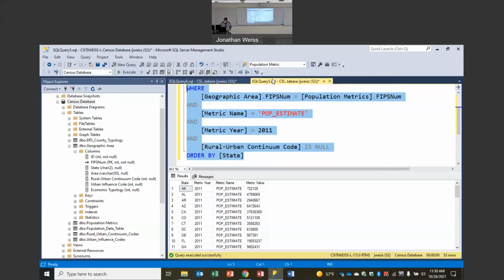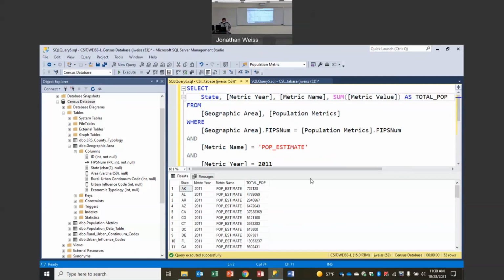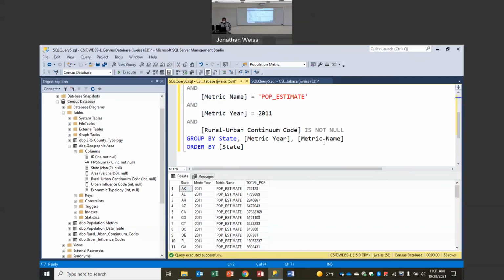And why is that? Given that this is census data, the things that are not null are all the things that are not states or not countries. So what we're doing is we're adding up the total population of all the counties in New Jersey. Ocean County, Monmouth County, Morris County, we're adding all those up.